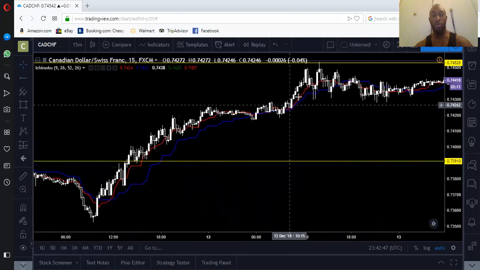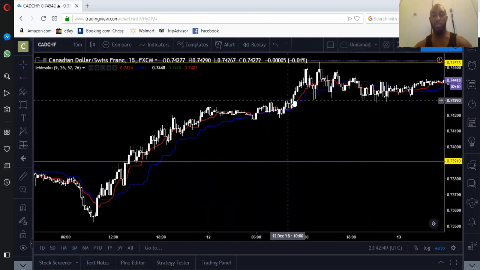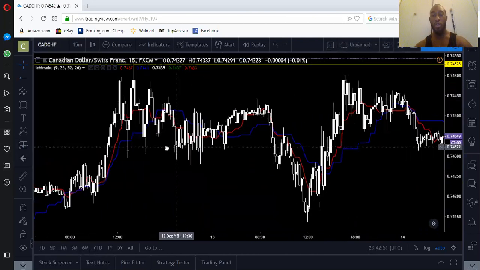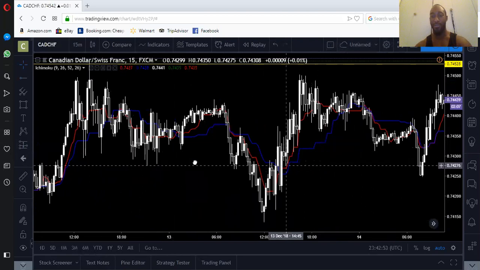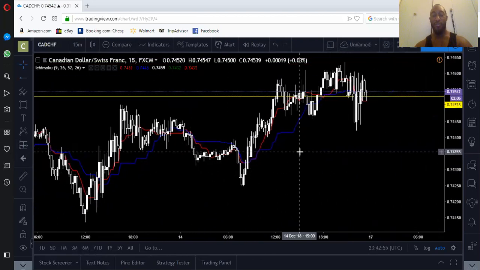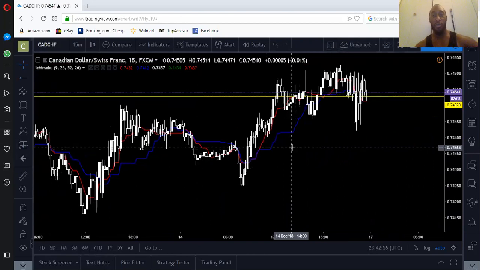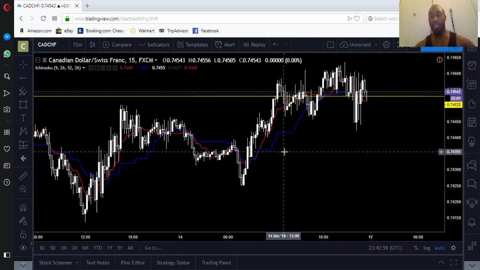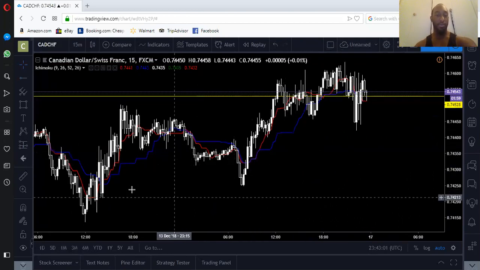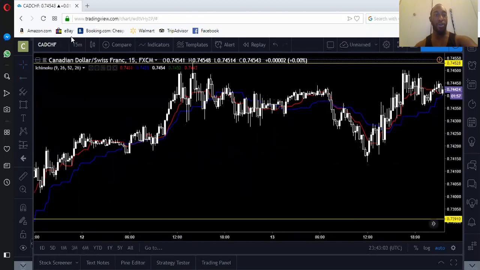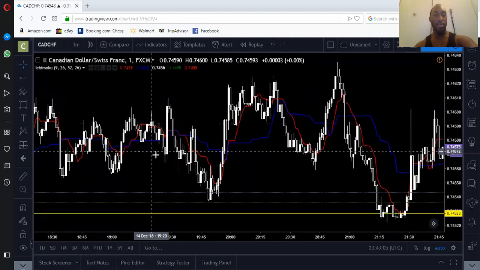So you always want to pay attention to the crosses. Crosses save you a lot of headache, trust me. And if you are not feeling comfortable hanging in the market too long, take a certain amount of pips, get out. This stands true for all time frames.